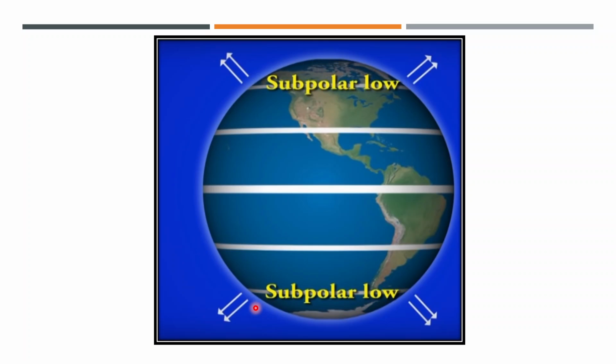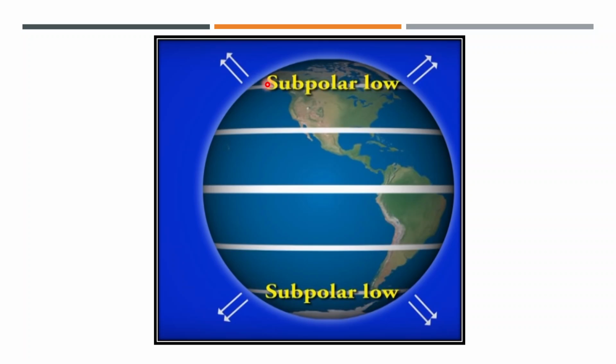Now, because the earth is a very large planet, the bulk of cold air cannot directly reach the equatorial belt. And due to the rotation of the earth, the cold air is made to sink at a lower latitude from the poles, that is at 60° north and 60° south.